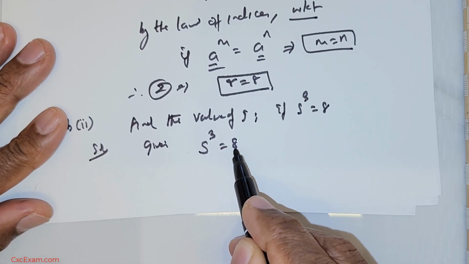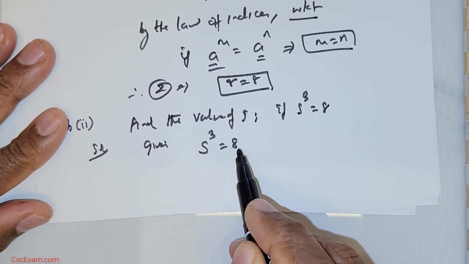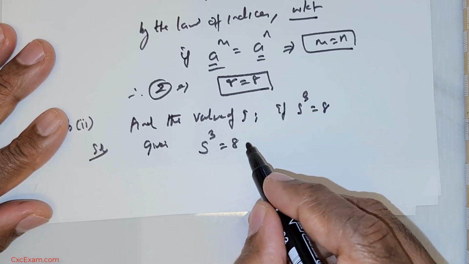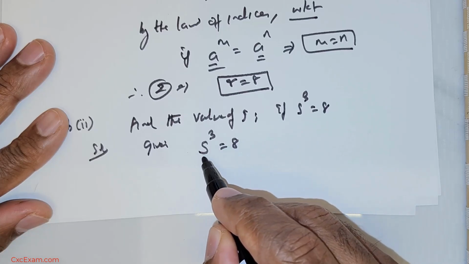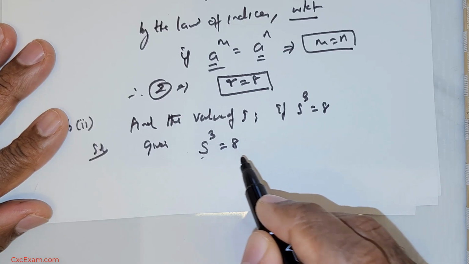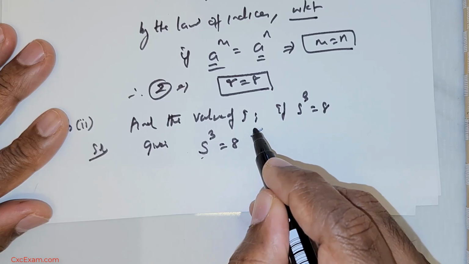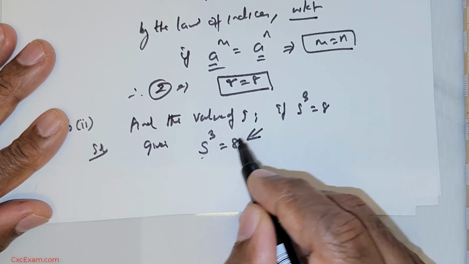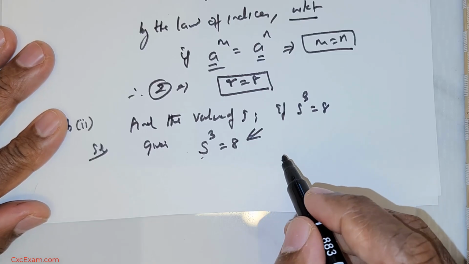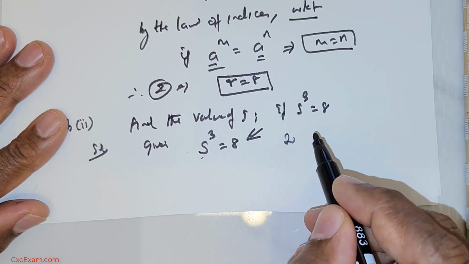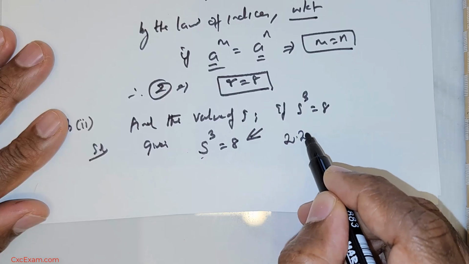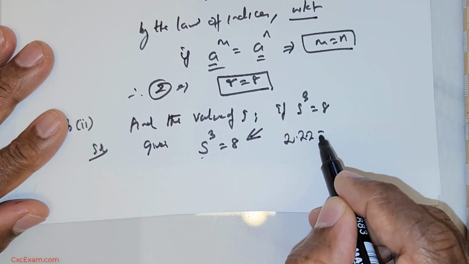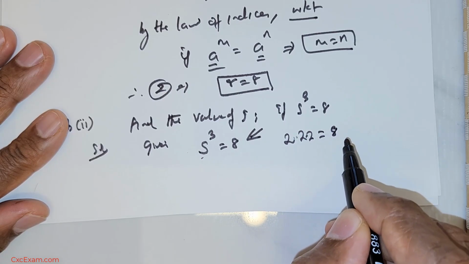I'm going to rewrite this as a cubic power. So that should be the first idea. You observe the left side. The left side is a cubic power. So what you need to do is convert this right side to a cubic power. How is that possible? It is possible because we know that 2 multiplied with 2 multiplied with 2 will give us 8.